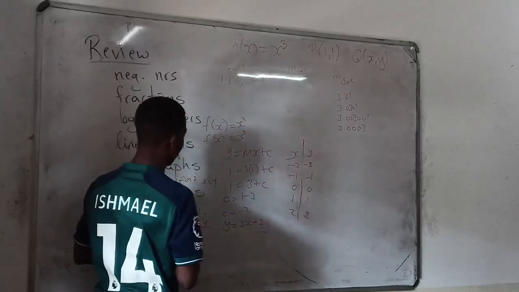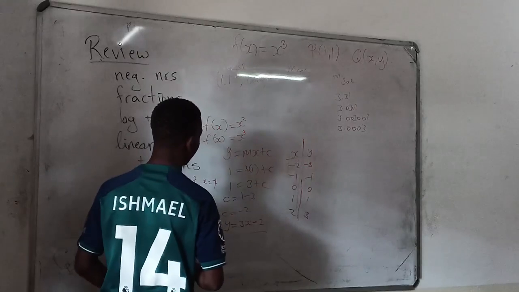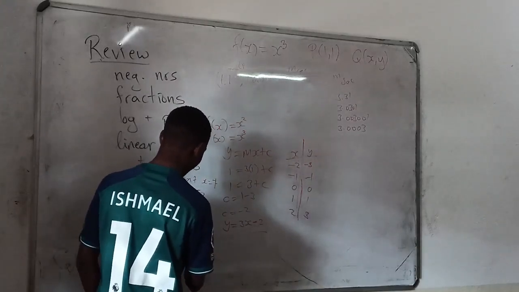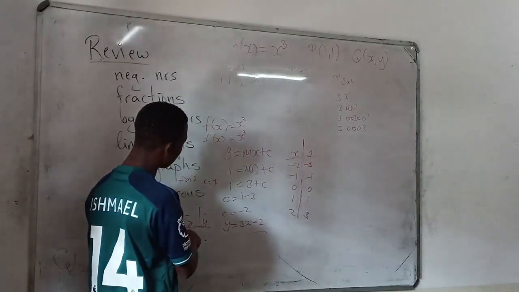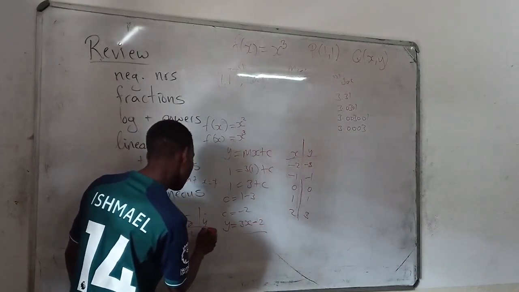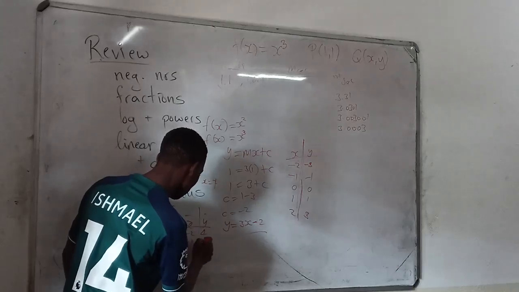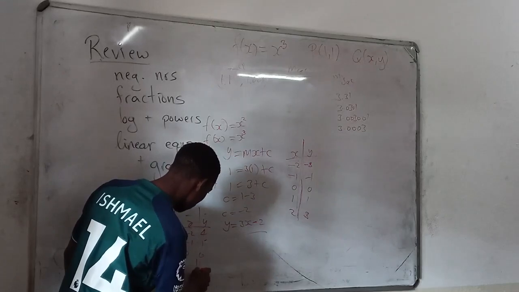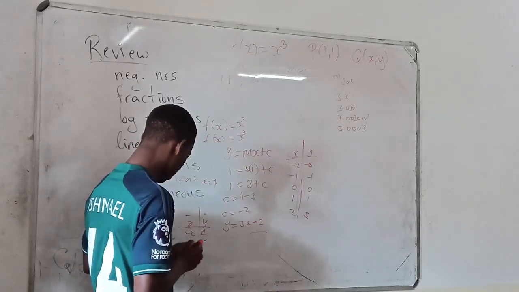This one will be different from the first one because negative 2 squared is 4, here is 1, 0, here is 1, here is 4. Is it like that? Yes.